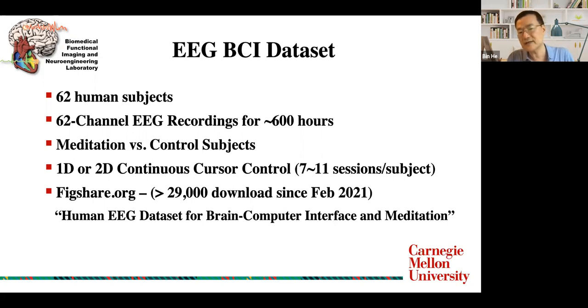Each subject has 7 to 11 BCI sessions. The data were uploaded to figshare.org, a public repository, and over the past 7 months or so there have been close to 30,000 downloads already. Everybody is welcome to access this resource, and we hope to assist other investigators by making public our 5 years of work on this data collection.